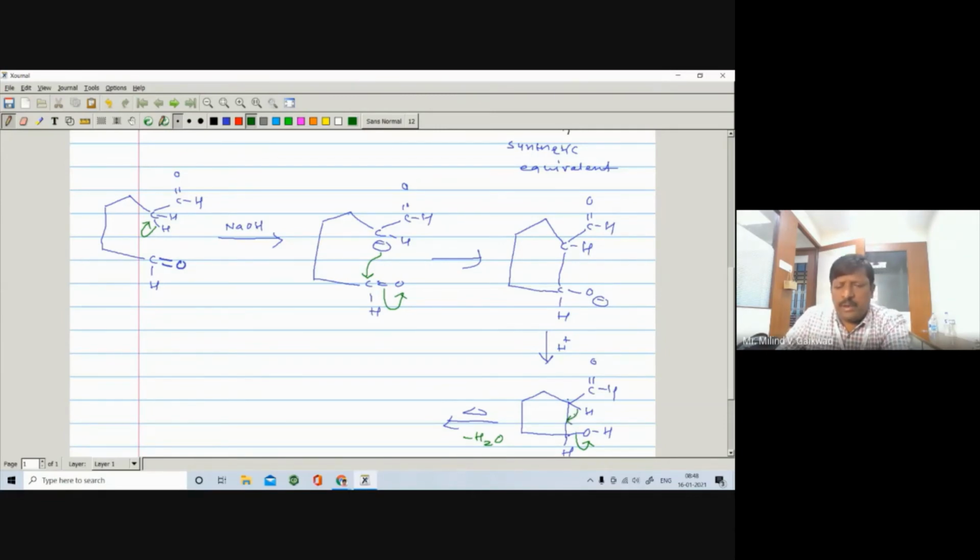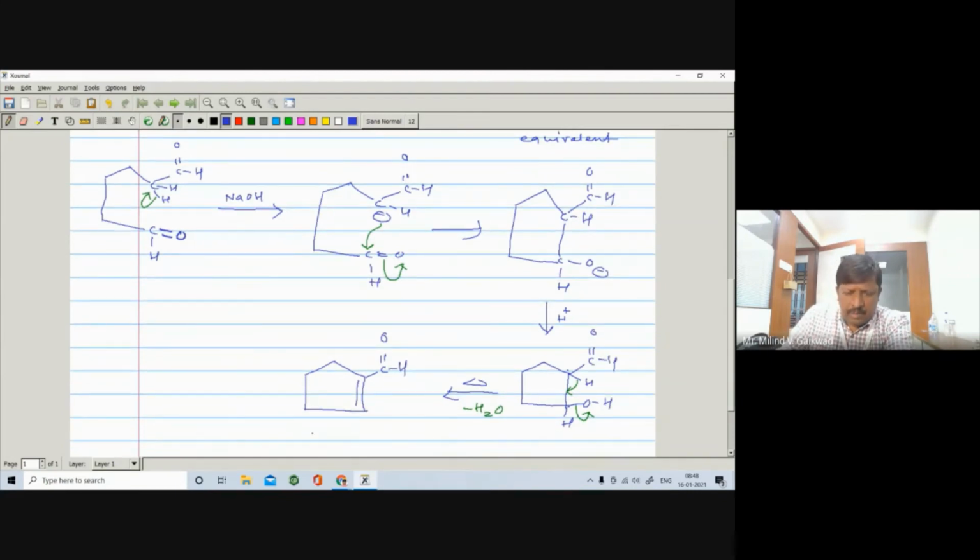There's a formation of a carbon-carbon double bond, and you get such a type of product. Here is a C double bond O and H. So it is your TM, target molecule.